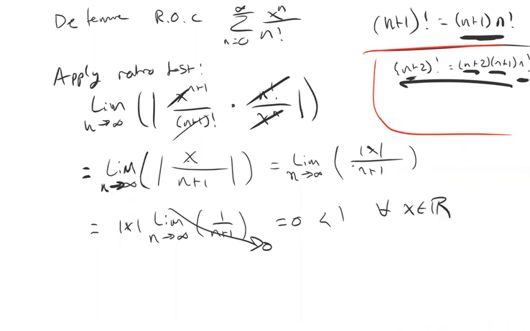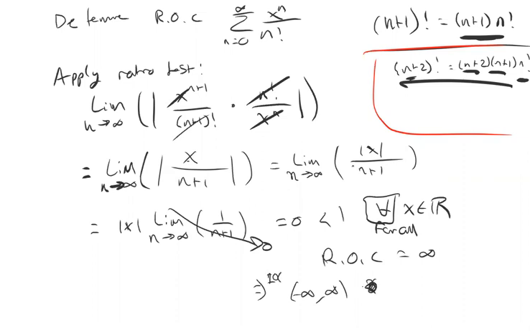So this happens for all, that's what this symbol means if you don't know, for all x in the real numbers, which tells us that the radius of convergence is infinite. So we have that the interval of convergence, IOC, is negative infinity to infinity. Okay?